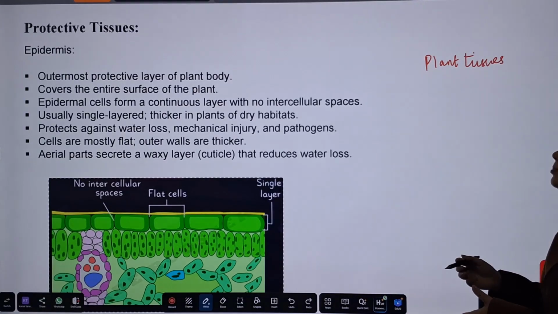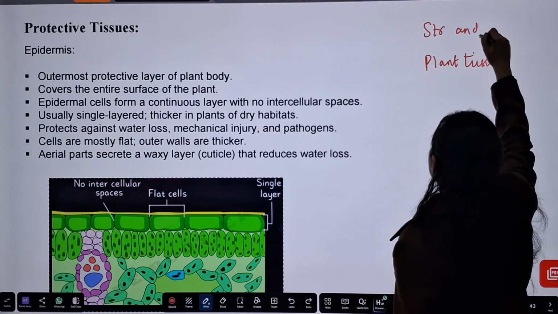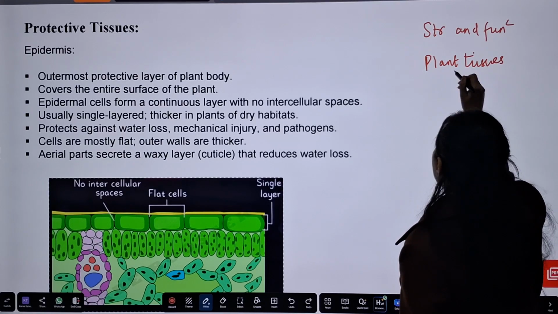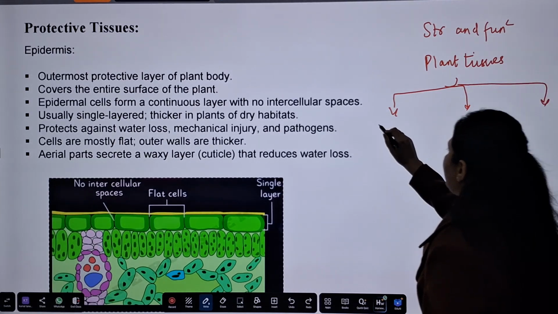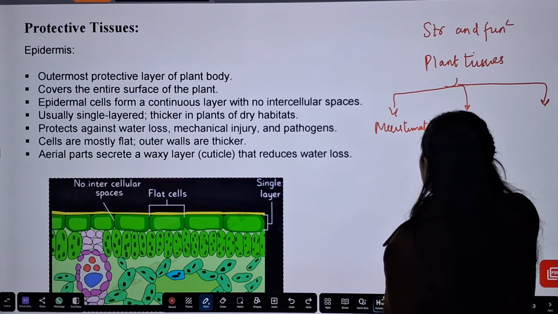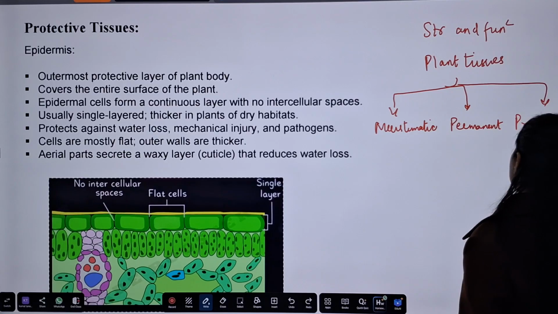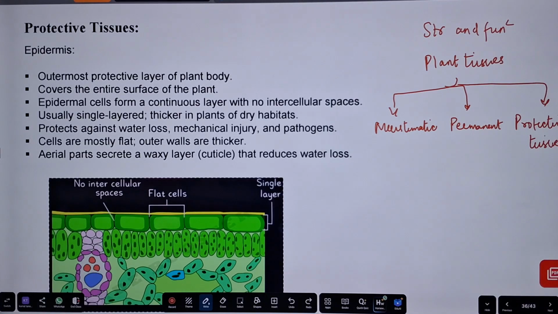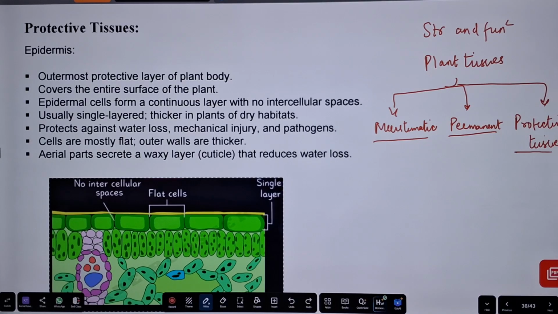If we categorize plant tissues on the basis of structure and function, we can categorize plant tissue into three types: meristematic, permanent, and protective tissues. So, meristematic and permanent tissues we have already discussed. Now we'll move to the protective tissues.